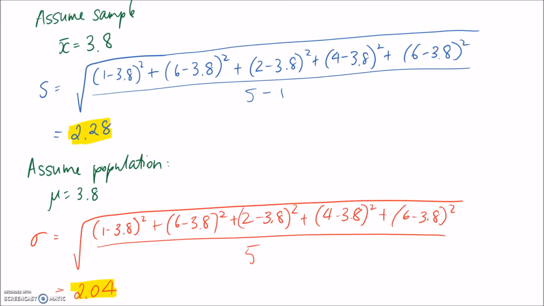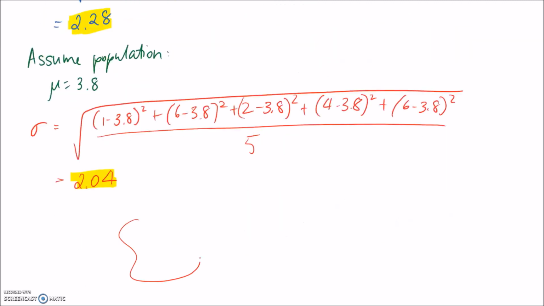The reason is when you're dealing with a population, you've got the data for every single person that sits within it. You've got every single person's stuff. Whereas when you're dealing with a sample, it's only a random portion of that overall population. So depending on who you pick in your sample, it may or may not be entirely representative of what's happening in the wider group.